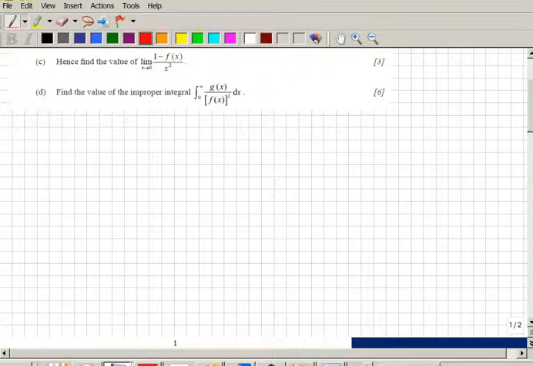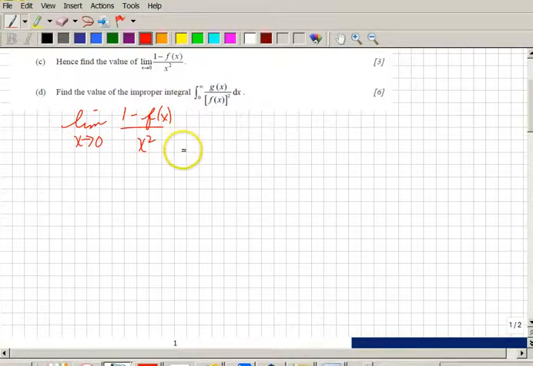Well, I'll just have to memorize what I had. So here goes. The limit as x approaches 0 of 1 minus f of x over x squared. Well, I'm not going to use the original f of x. I'm going to use, hence, the Maclaurin expansion to replace f of x with it.